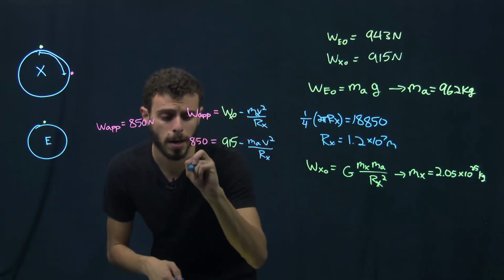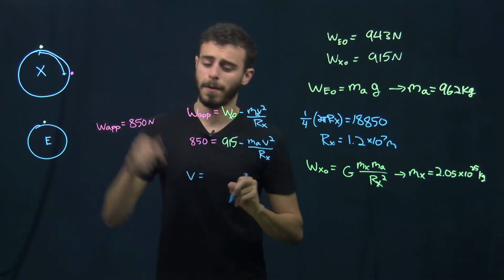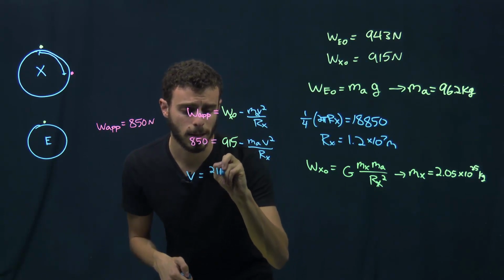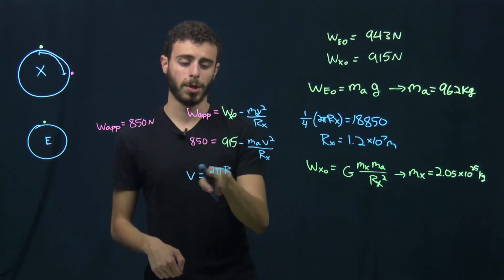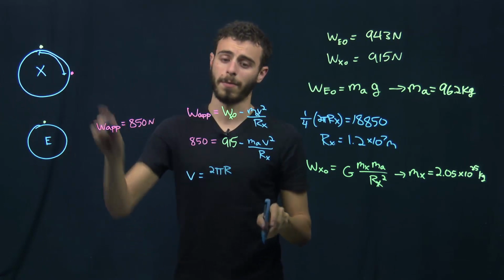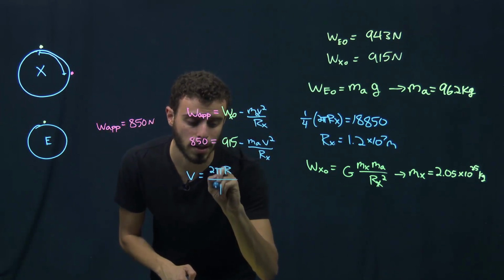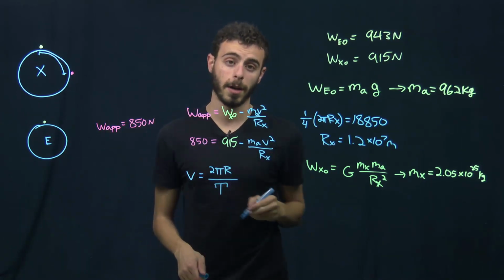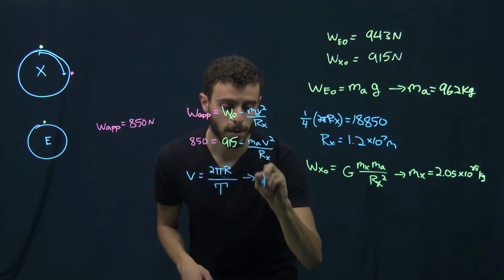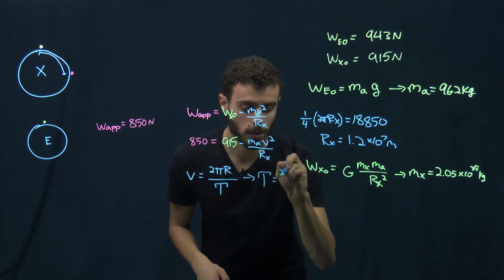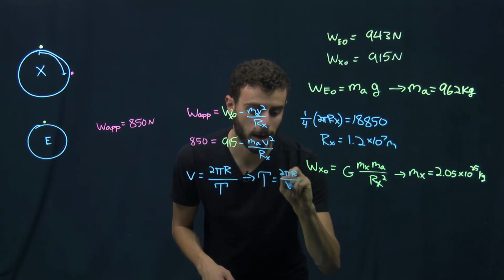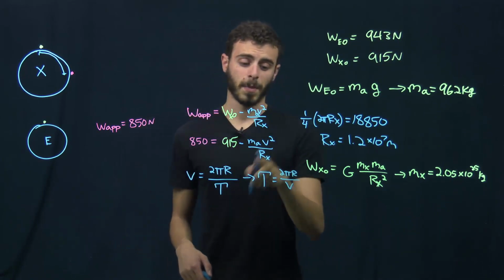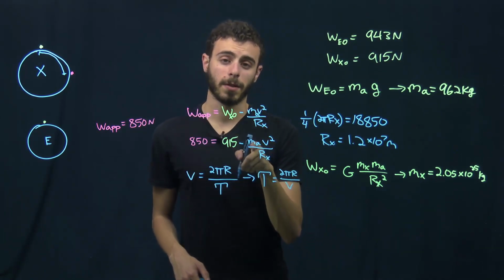And so we'll recall then, the velocity of this object is going to be the distance it travels in one rotation, which is 2 pi r, so it goes around one circumference, divided by the time it takes to travel that distance, which will be 1 period. So we have our relation that the period is just equal to 2 pi r divided by the velocity at the surface. And so here is a relation from this condition right here.